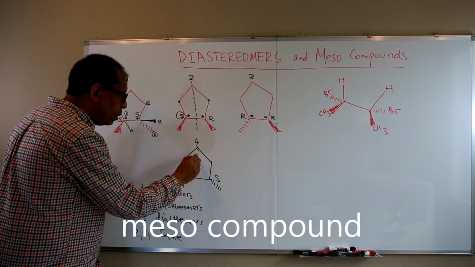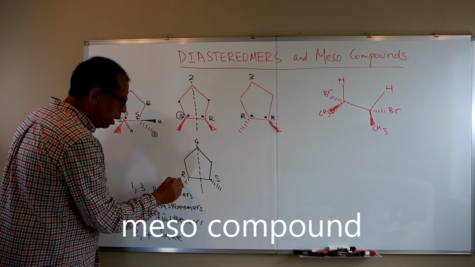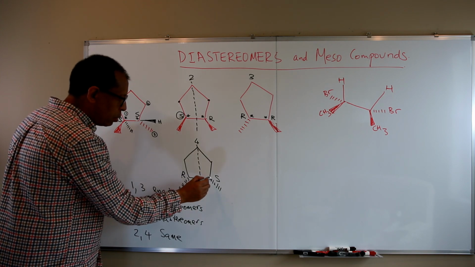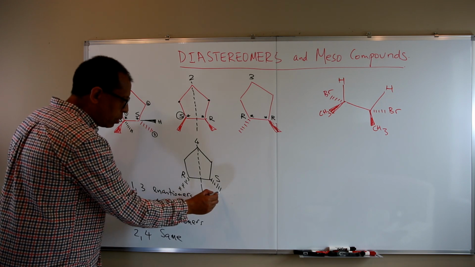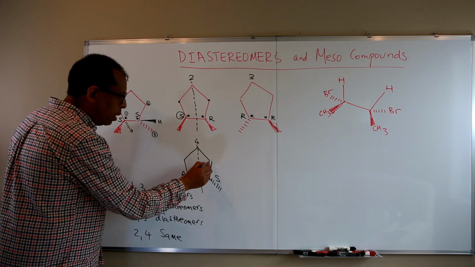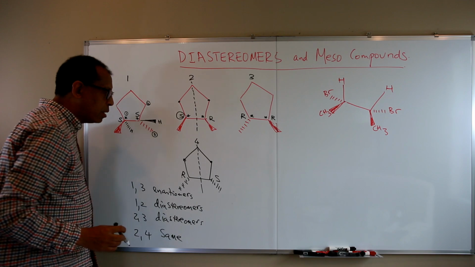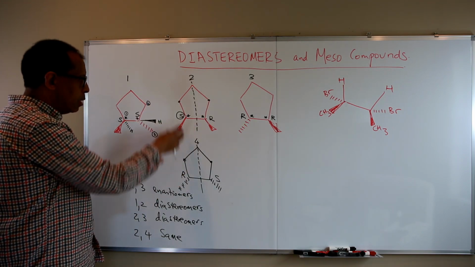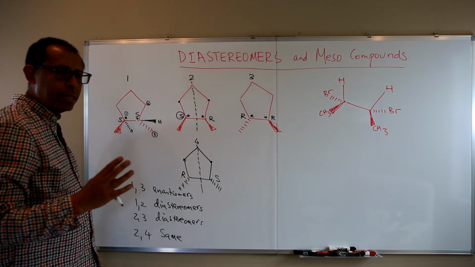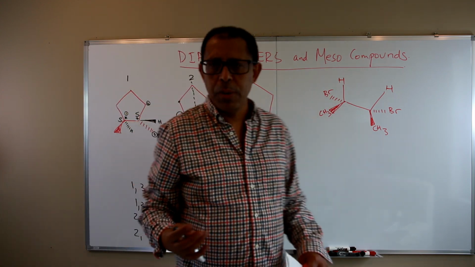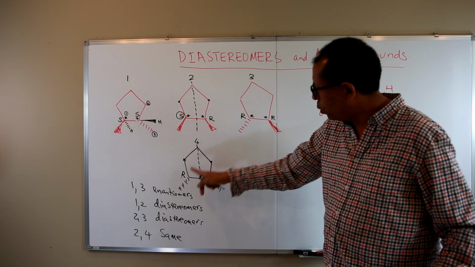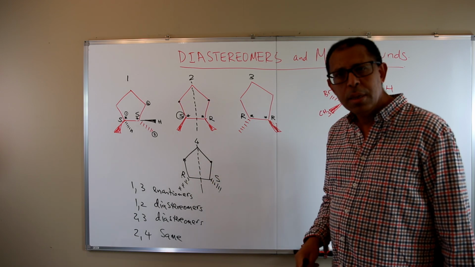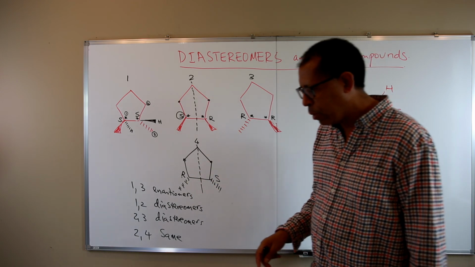This is also a plane of symmetry. R is reflected to S as a mirror image. The methyl is reflected to that. Therefore, in such compounds where there is a plane of symmetry within a molecule and the chiral centers are exactly reflected within the molecule, that compound is a meso compound.